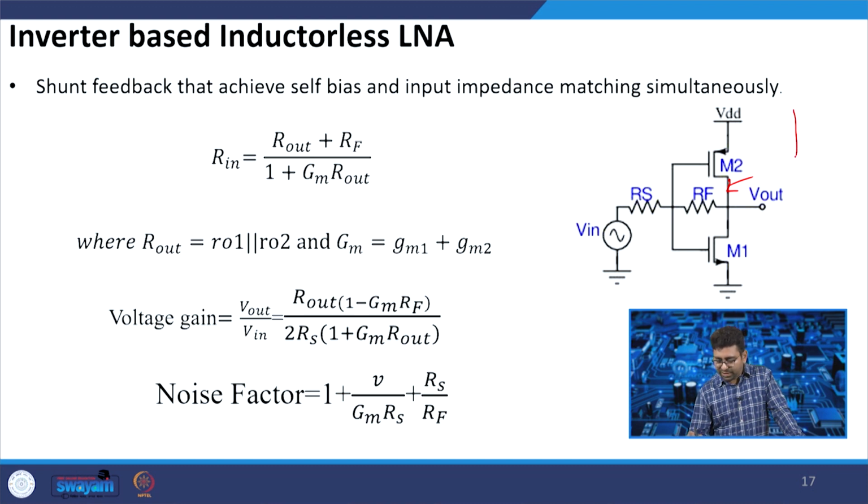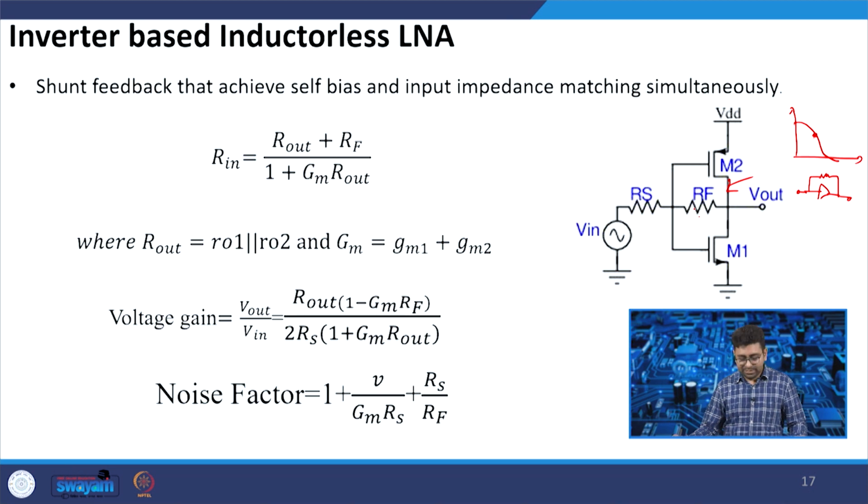If we consider the inverter and want to make a constant bias, we use feedback to maintain the bias at the point where both transistors are in saturation. Then you can use this as an amplifier, and this configuration can also be derived the same as what we have discussed.